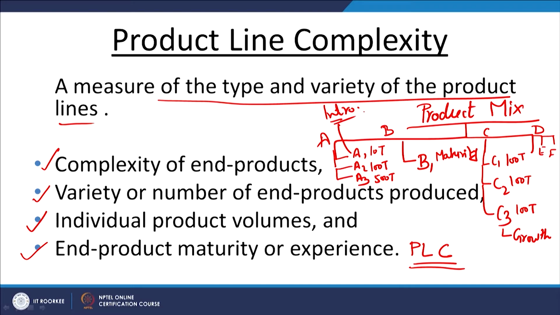Now, we have already discussed in our previous sessions that because of different stages of the product life cycle, different products may require different types of order winners and qualifiers.